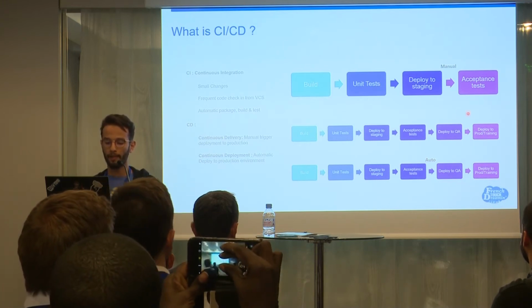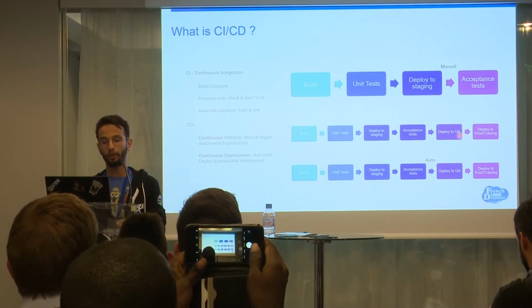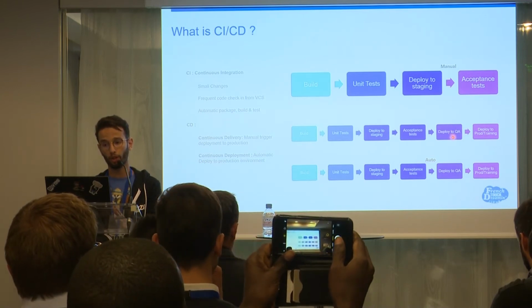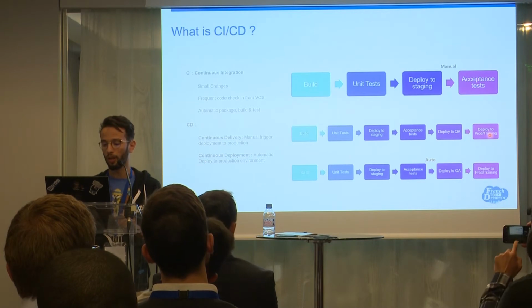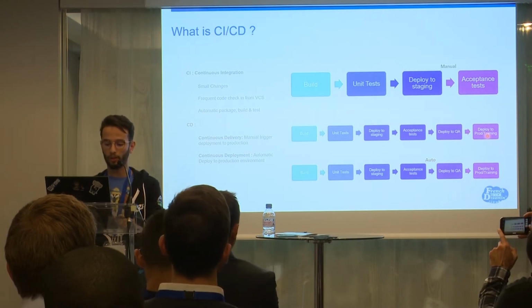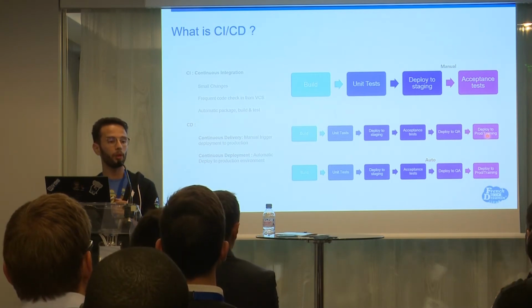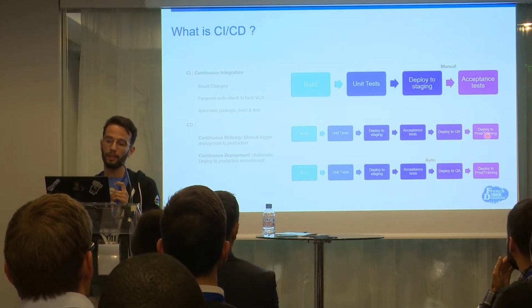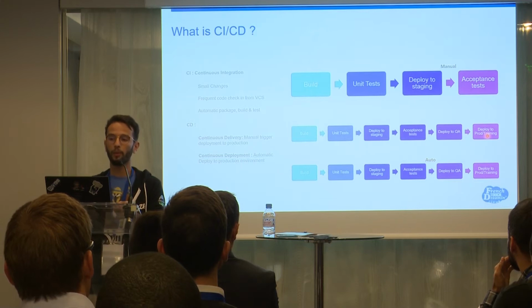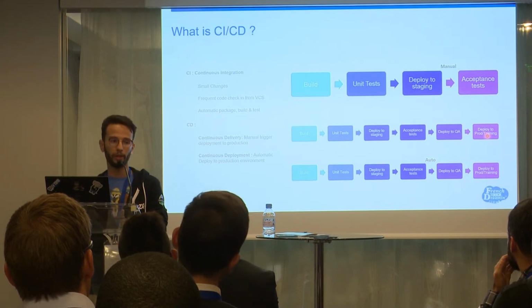That will help you deploy to your QA environments, and also deploy to production and training. The only difference with continuous deployment is that in continuous delivery, you have a manual action, meaning that a human being will go to the system and click deploy, and then it will trigger a deployment.